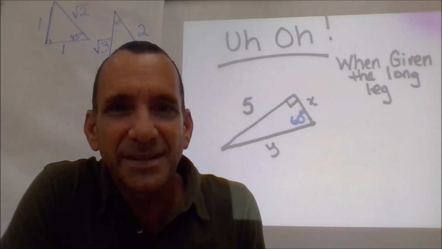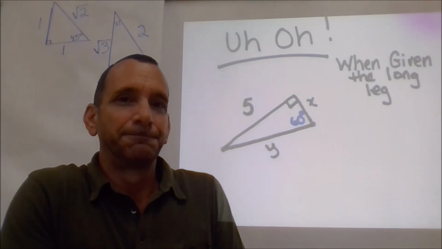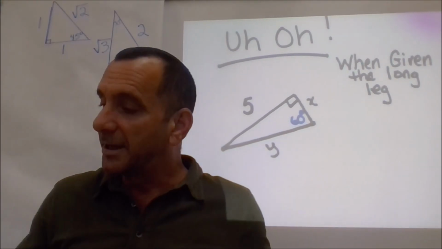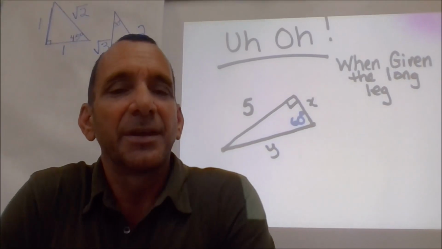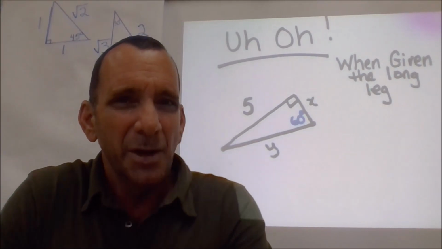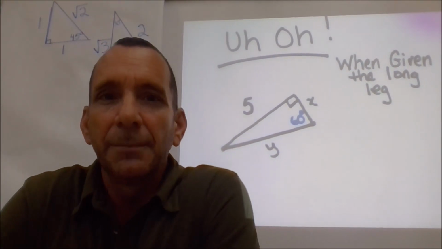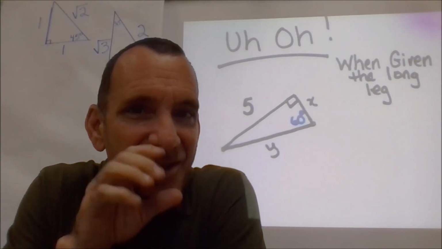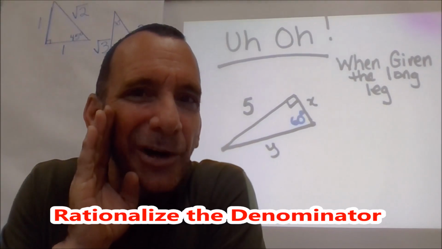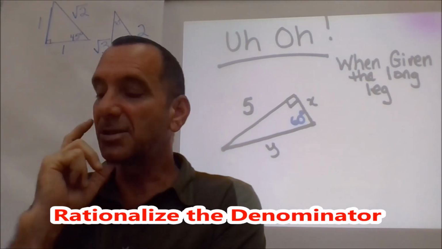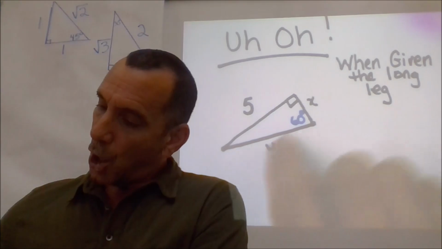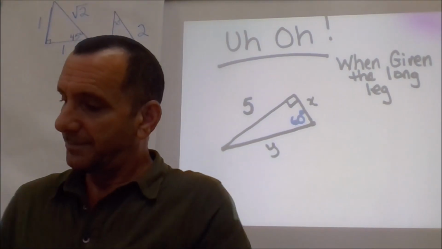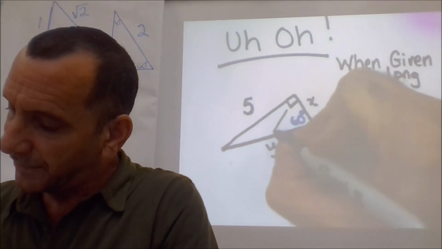I like to call this the uh-oh example. And this is the uh-oh because when you're given the long leg, you have to work with the radical a little bit, and you have to do something that's not too bad. Rationalize the denominator. So let's look at this. The hypotenuse is across from the right angle.